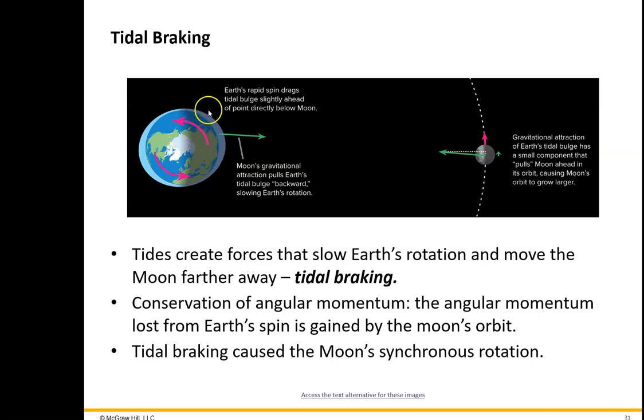So the length of the day: there was a time when the moon was much, much closer to the Earth. And when that was going on, the Earth spun around a lot faster. If we use this idea of angular momentum, and get the moon as close to the Earth as possible, it turns out that there was a time billions of years ago, more than 4 billion years ago, where the Earth was actually spinning around once every 5 hours.